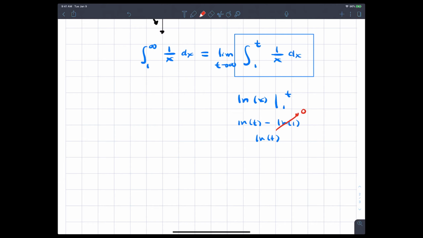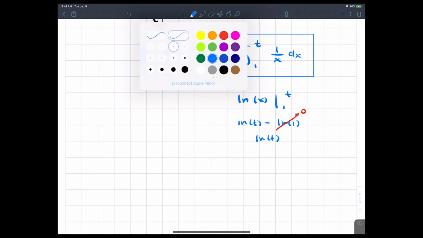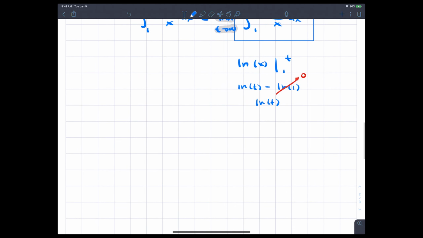Now, don't forget, we take the limit of that. The limit as t gets big. So we're taking the limit as t gets big of the natural log of t, and you guys know that is infinity here.